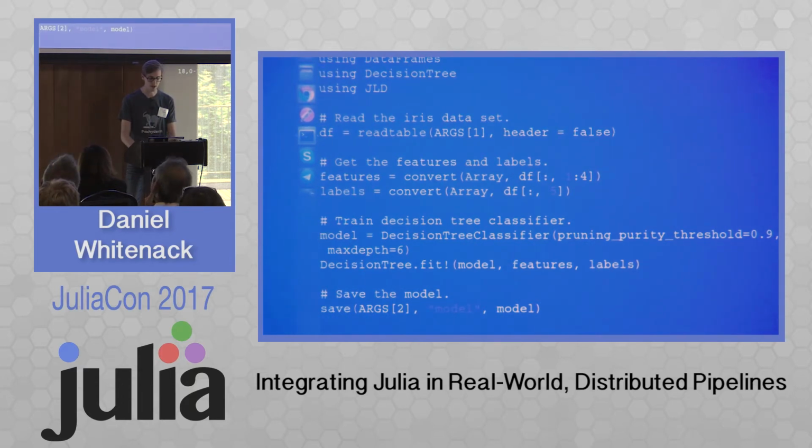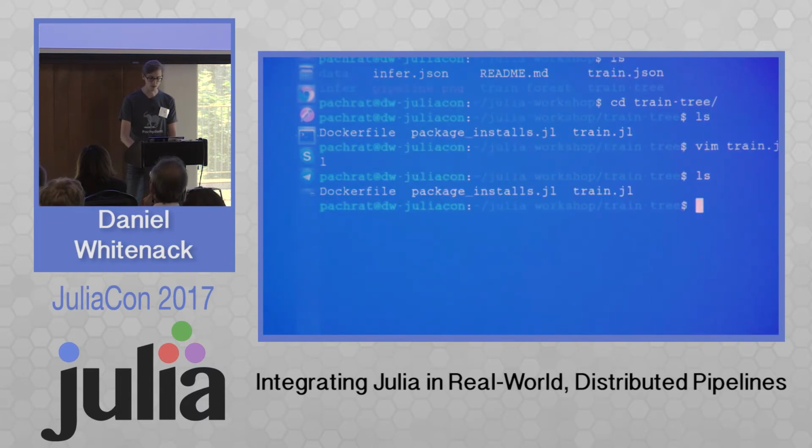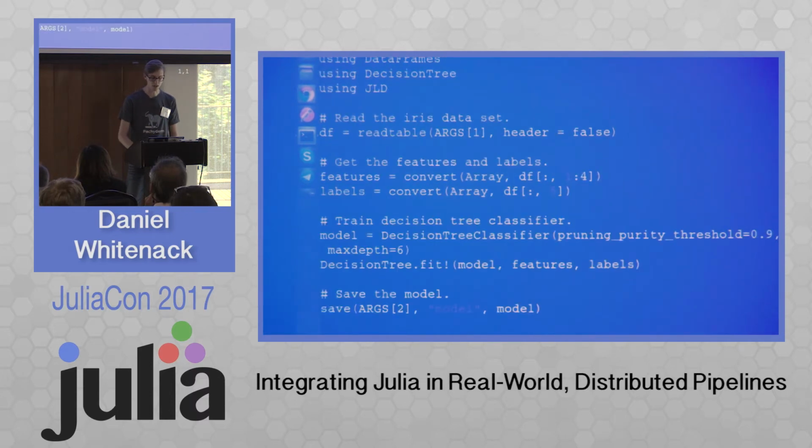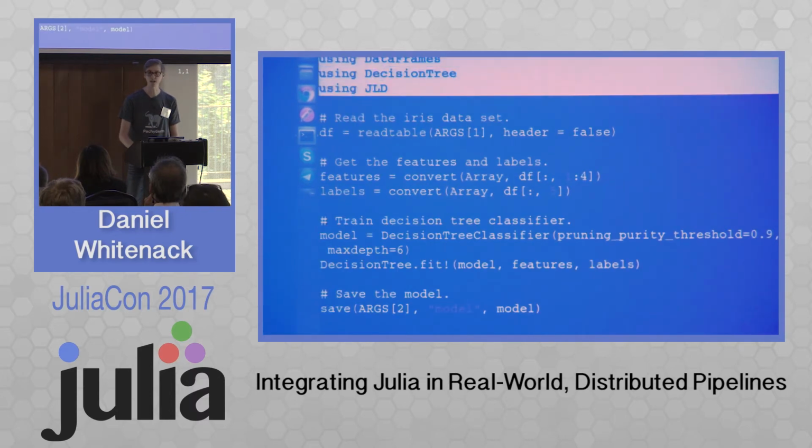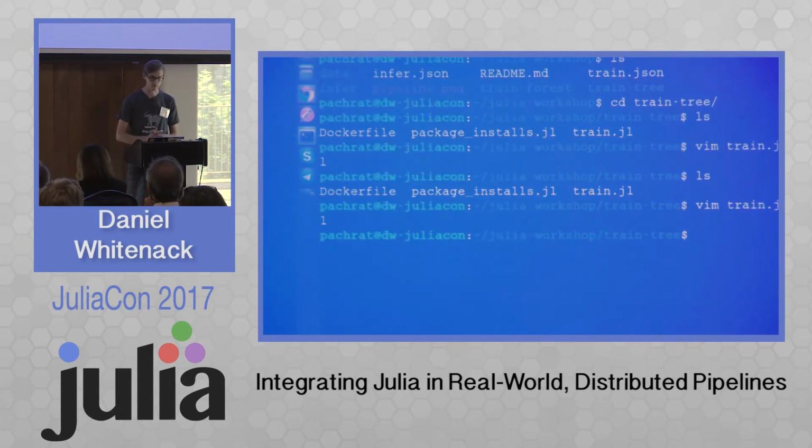And it saves the model out to a JLD file, a local file. There's nothing too interesting. I just wanted to show I'm not importing anything special. I'm not using Pachyderm or something like that. This is just a standard Julia program.